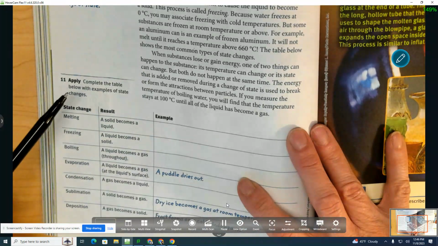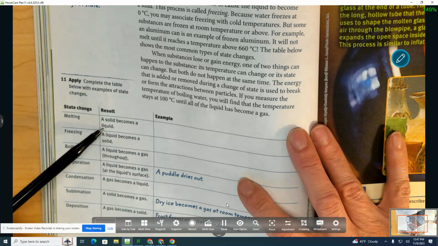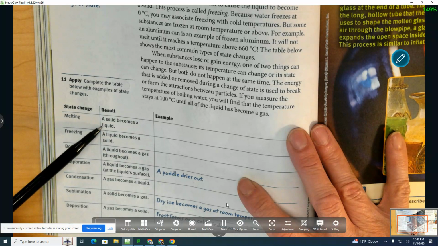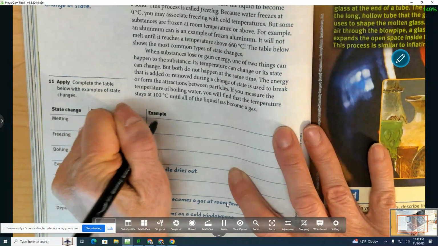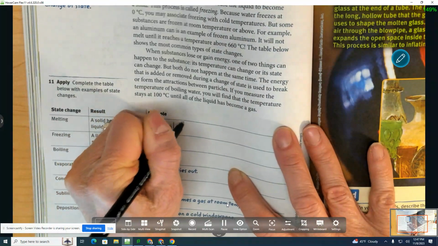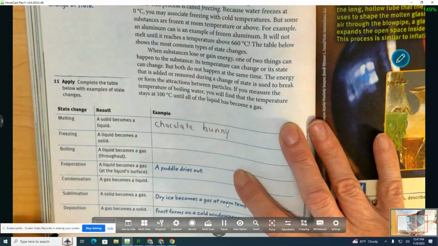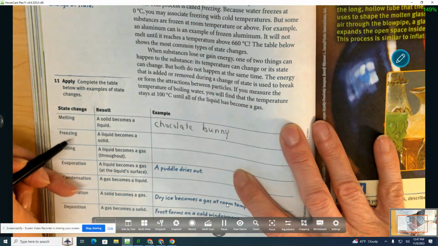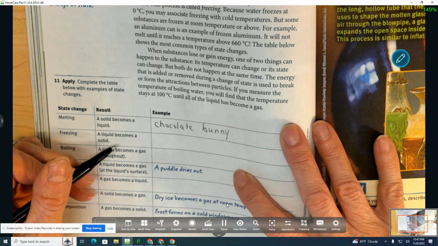So let's come up with an example of something melted, where a solid becomes a liquid. I can think of a chocolate bunny. Put it in the sun, it's going to melt. Something that freezes, a liquid, becomes a solid.